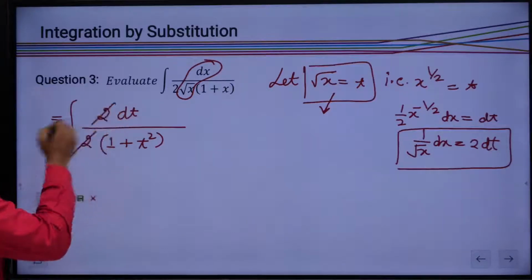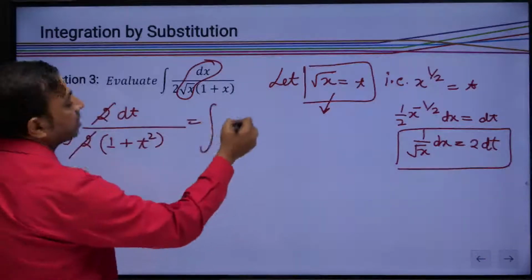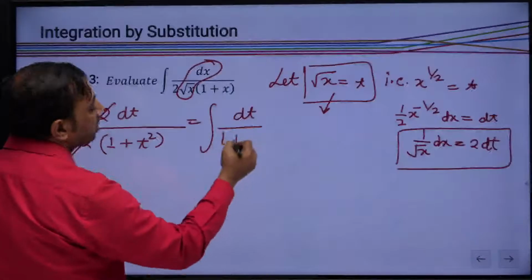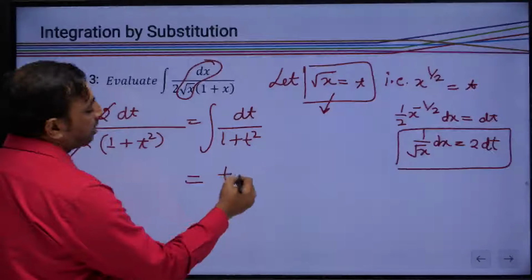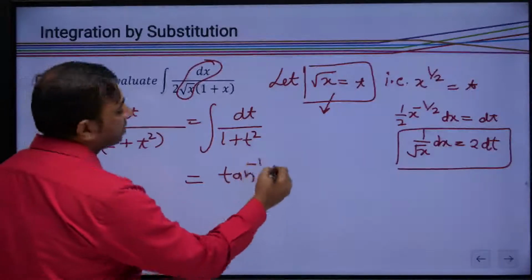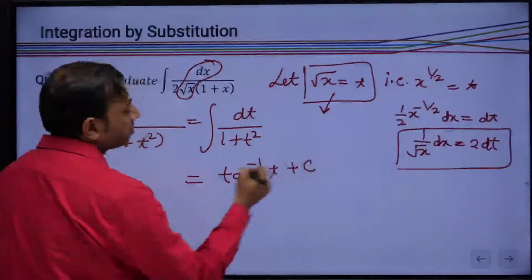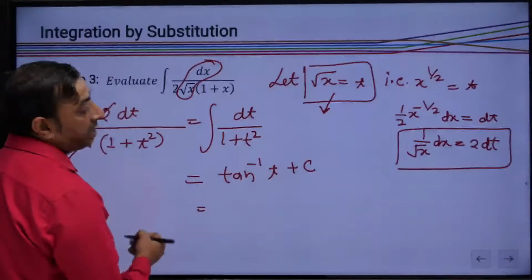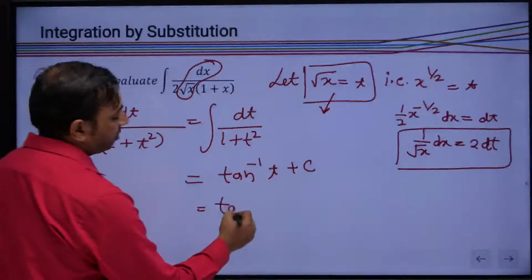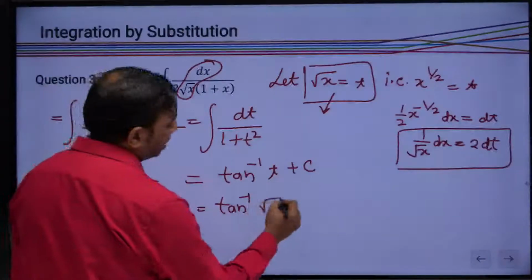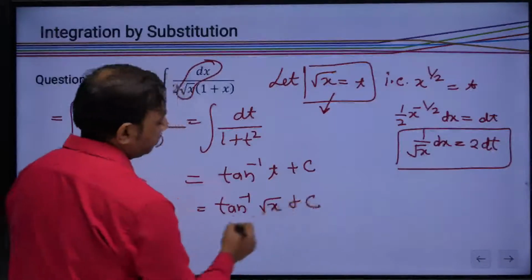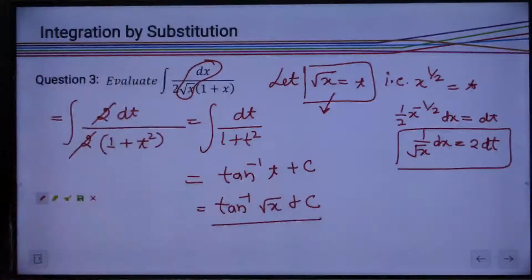This 2 can be cancelled out, and I have the integration of 1 plus t square, and for 1 plus t square I have a direct formula with us, and that formula is tan inverse t plus an integrating constant. Later on I can replace my t in terms of x. So what I have substituted here, I have just substituted this root x as t. So this is how we get this integration. Okay. So I have to choose my function to substitute as t.